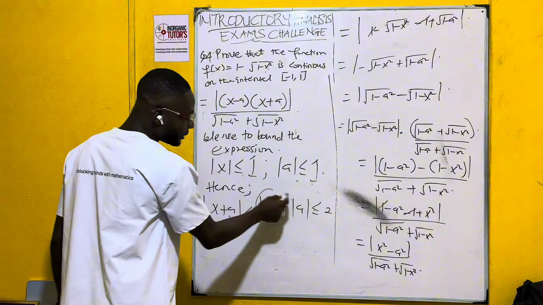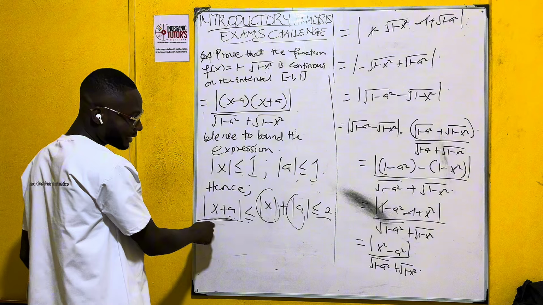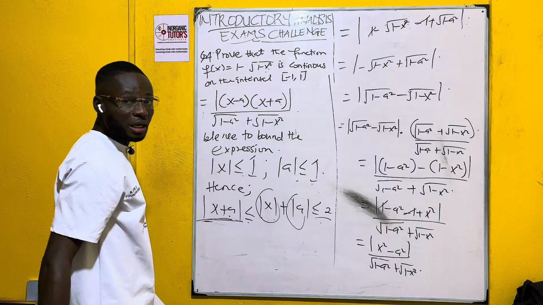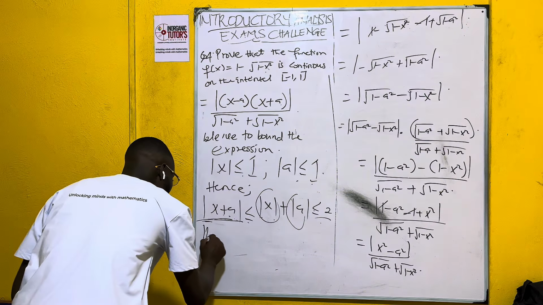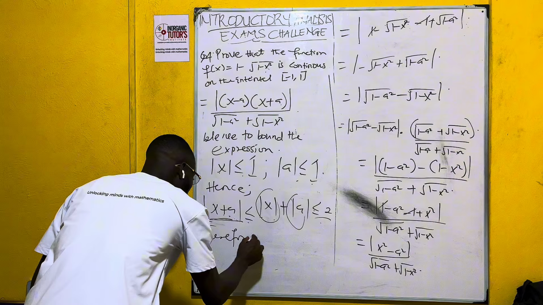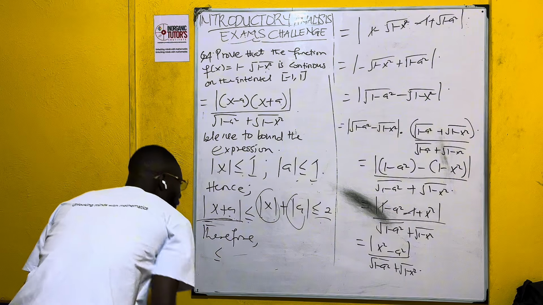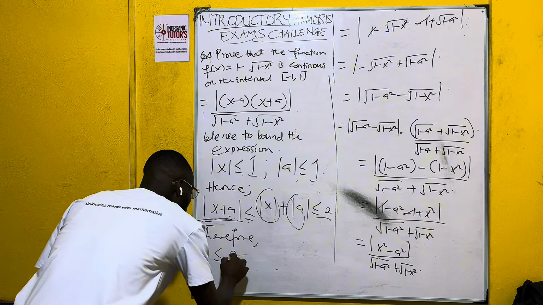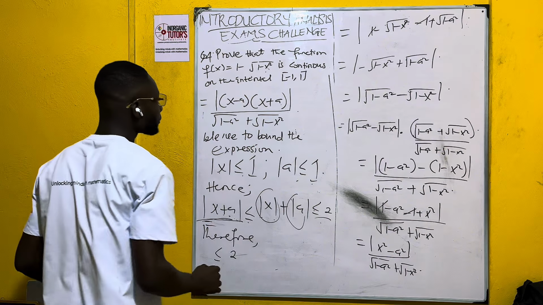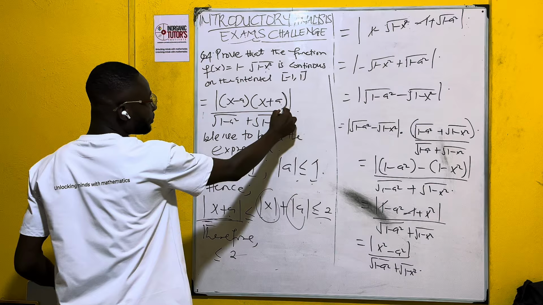So this is 1, this is 1, so it makes what? 2. So it means that this term here is less than or equal to 2. Therefore, we can say that this term is less than or equal to 2 times, this is what we bounded, right?